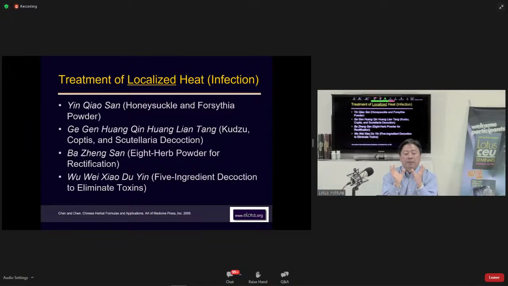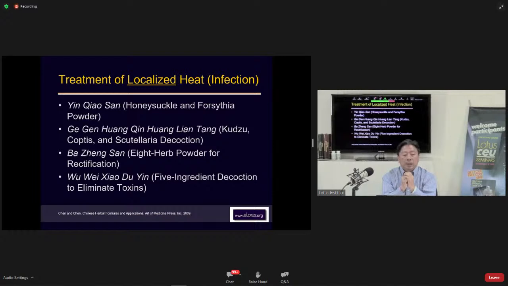So basically the virus or infection has not gone inside the body into the lung just yet. Okay, so this is a great formula to use for the early parts when the patient first shows warning signs, when it's mostly exterior. Okay, next formula is called 葛根芩连汤.